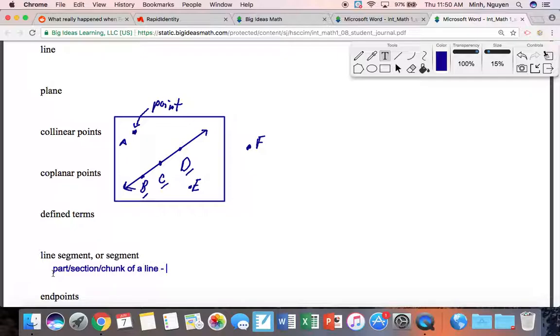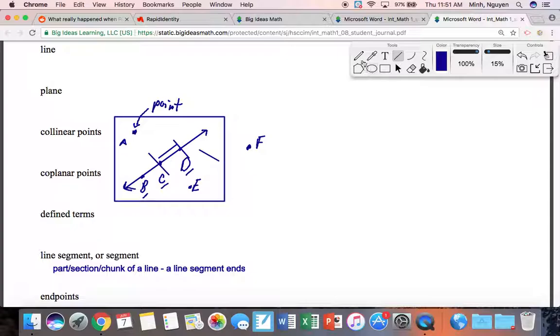The important difference between a line segment and a line is that a line segment ends. So let's say CD could be a line segment if you only take that section, this chunk. Or I could just draw this line segment and not draw any arrows on it and say, that's a line segment.